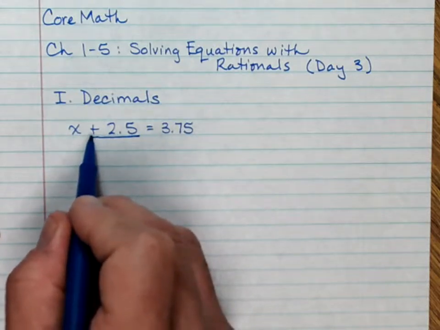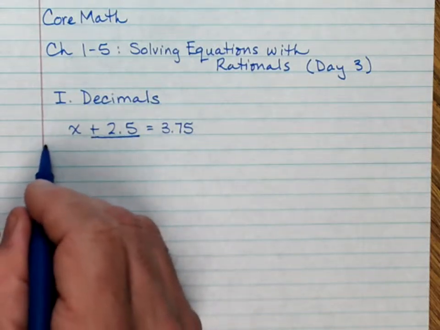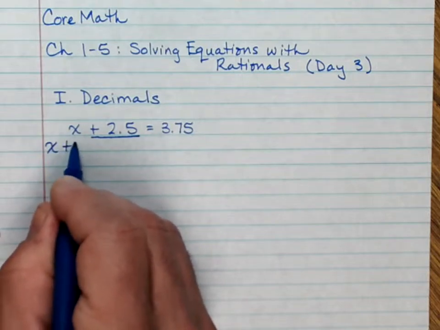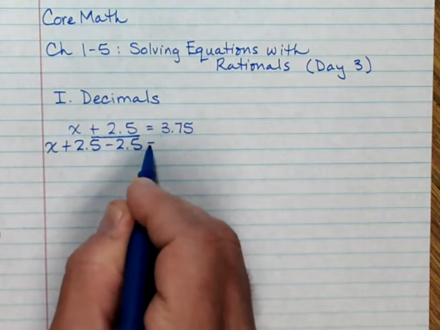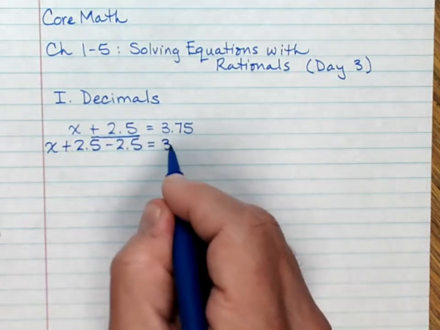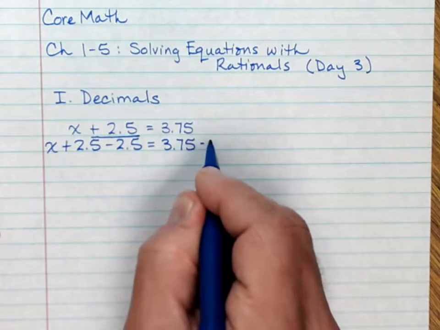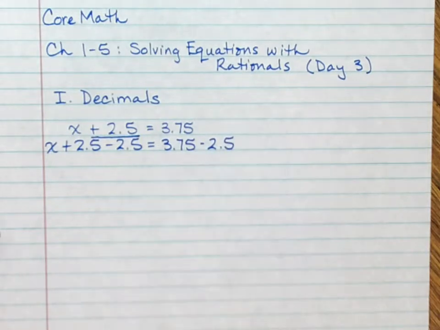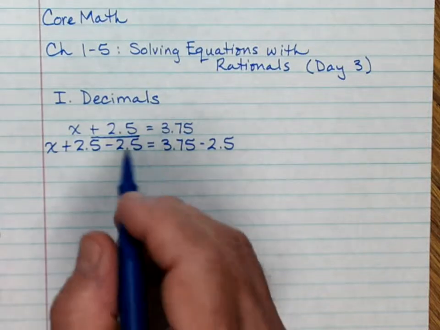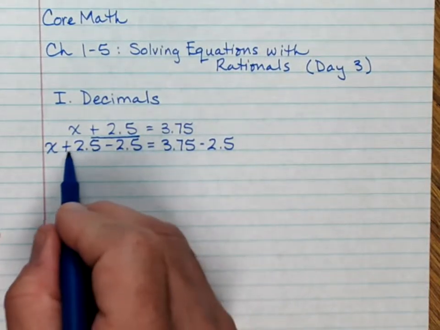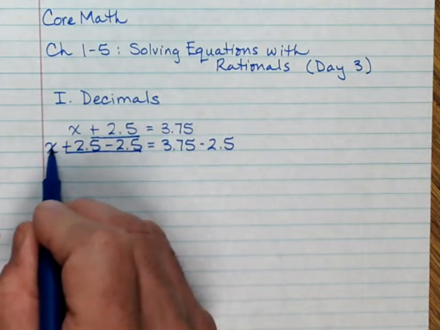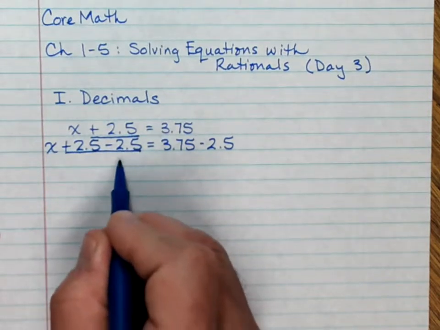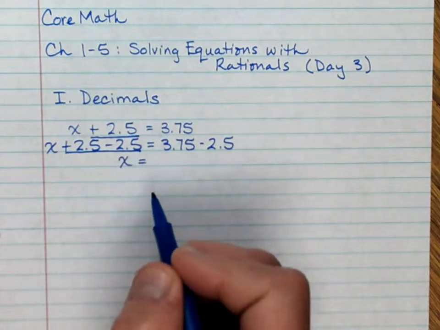So by using the inverse of 2.5, and the inverse of 2.5 is negative 2.5, 3 3/4 minus 2.5. Opposites equal 0, so the variable expression x plus 2.5 minus 2.5 is now just x.